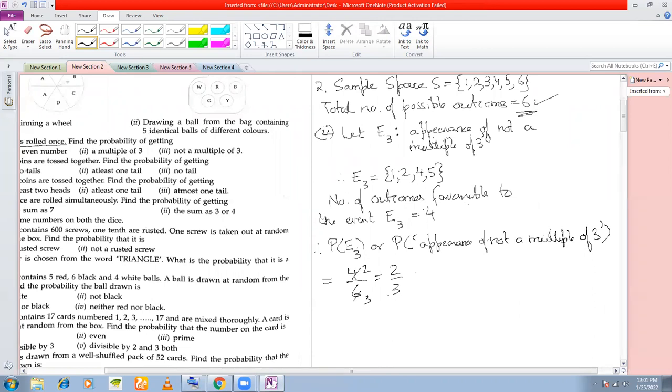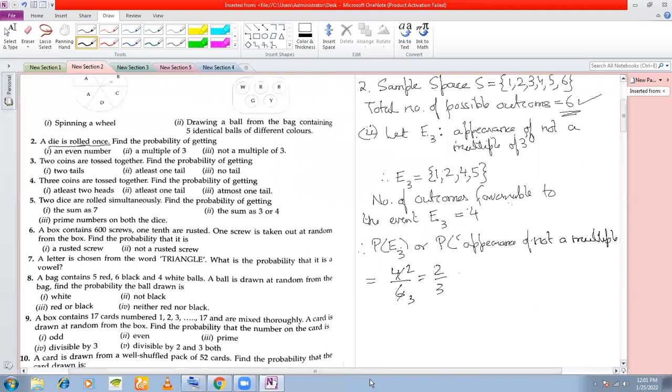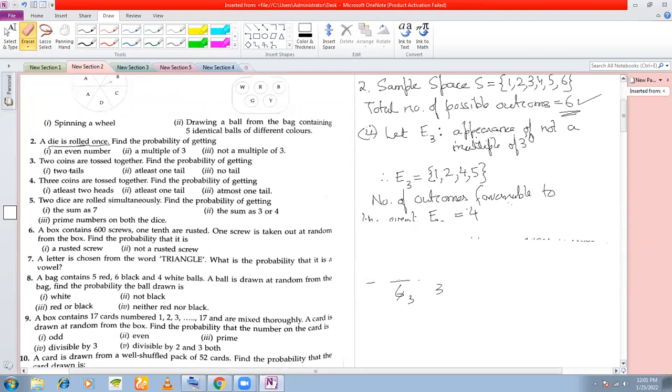Clear? Any question that you have on probability? You're finding it easier? Yes. Any question? Let's move to the next question then.